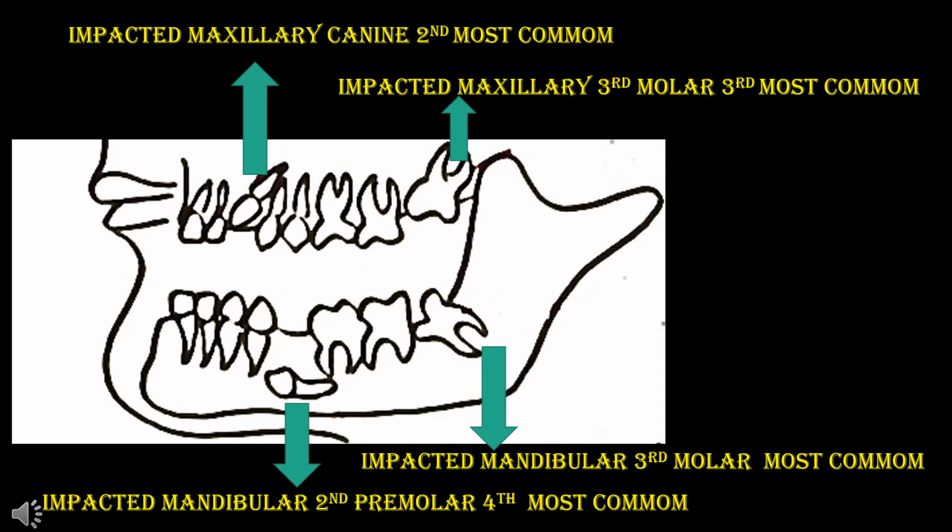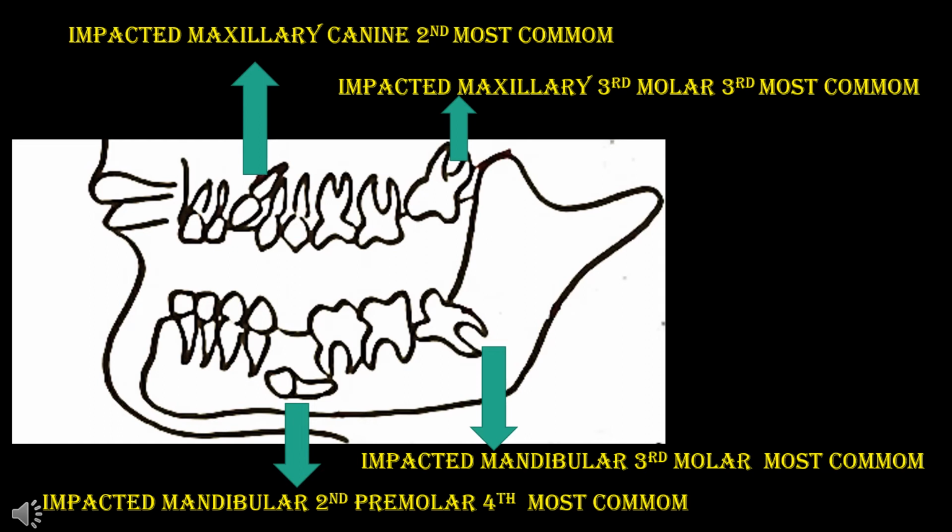Now moving on to the location where the dentigerous cyst is present, it is most commonly seen in the impacted mandibular third molar. That is the commonest area for a dentigerous cyst. The second commonest area is the impacted maxillary canine, and we have to differentiate this dentigerous cyst from adenomatous odontogenic tumor, because the commonest area for the adenomatous odontogenic tumor is the maxillary canine region.